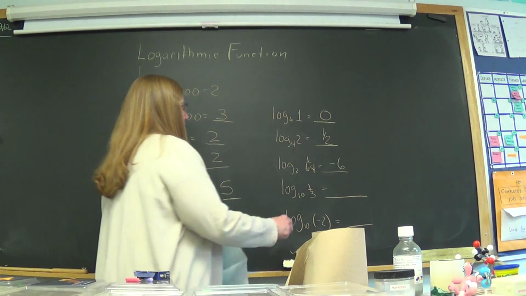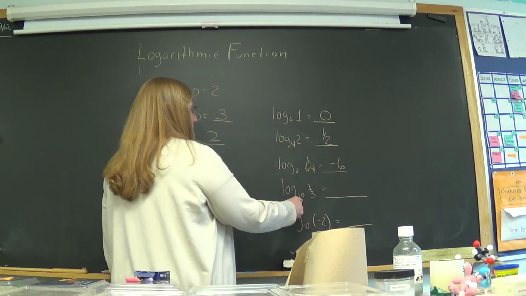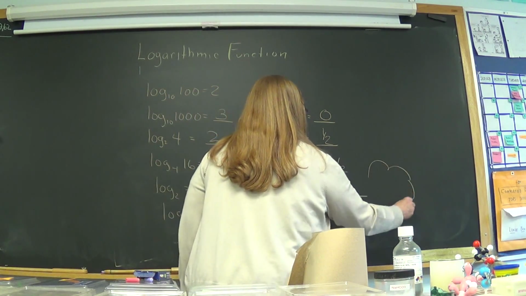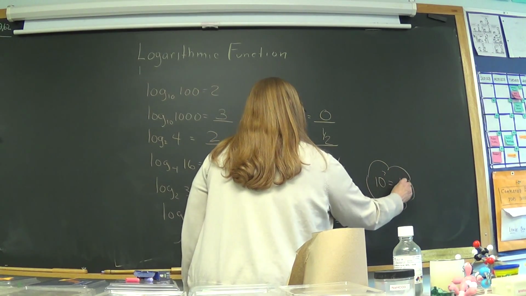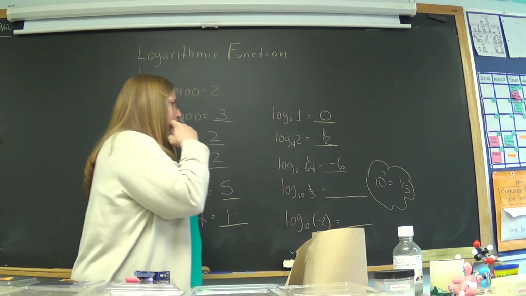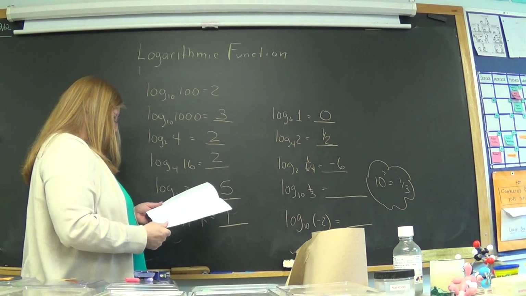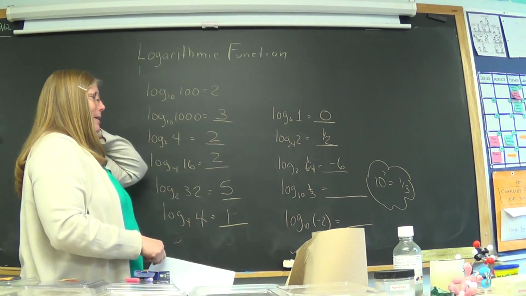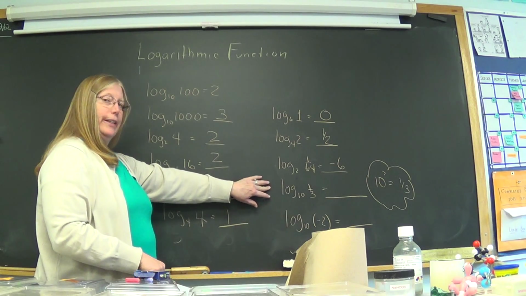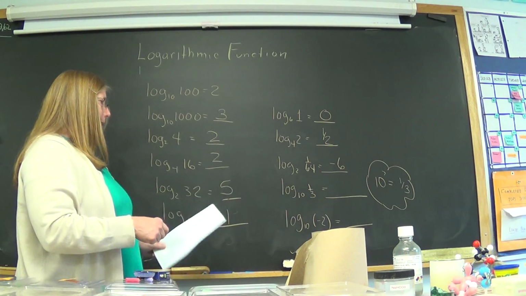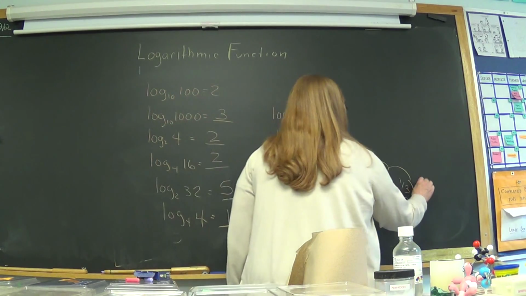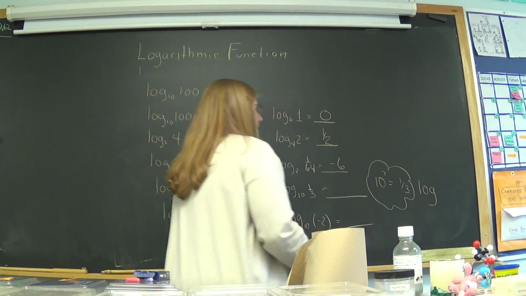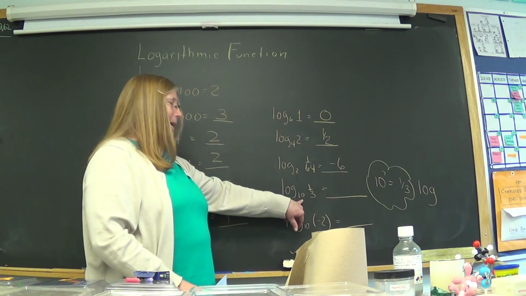And this one, what exponent do I give 10? So here are my thoughts. What exponent do I give 10 to get 1/3? This one, I wanted to show you how to do one on your calculator that doesn't come out evenly. So to do that, you're going to find the word LOG on your calculator, and the calculator knows that LOG is base 10.